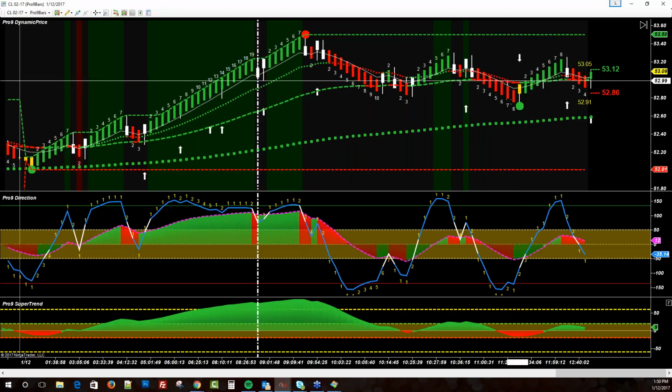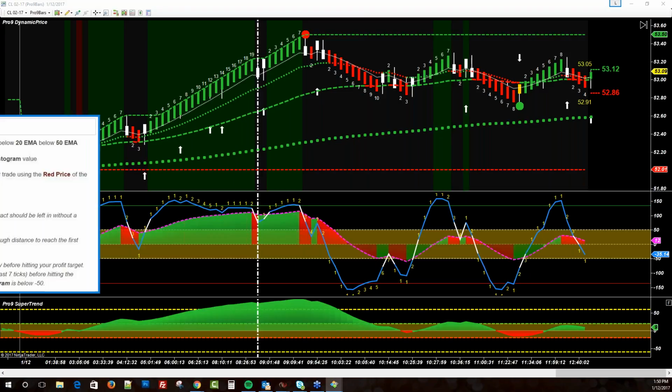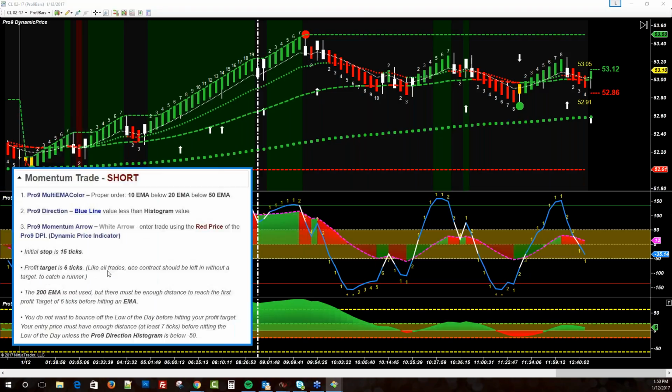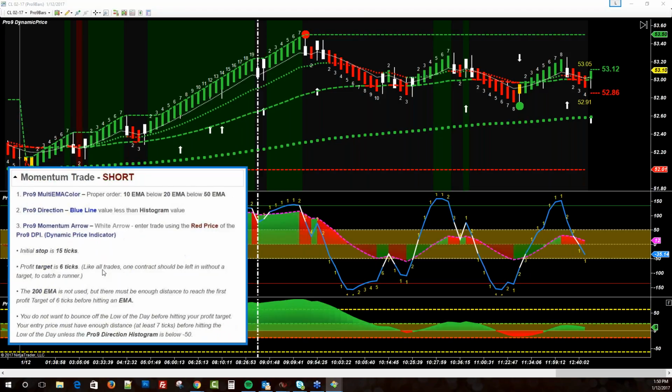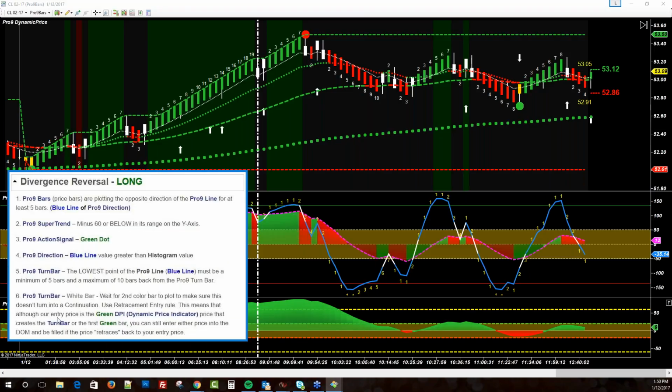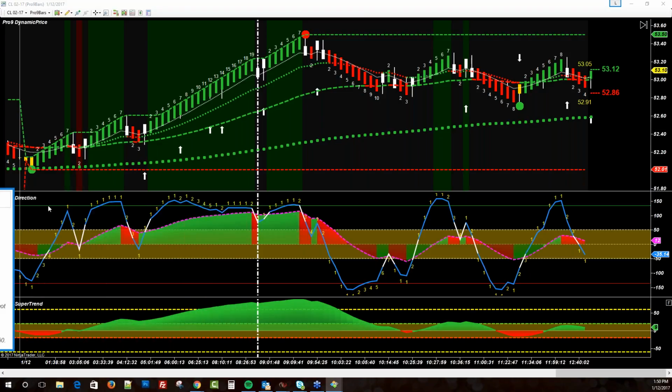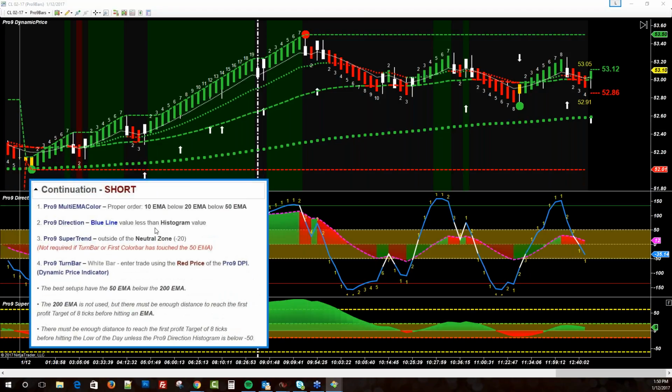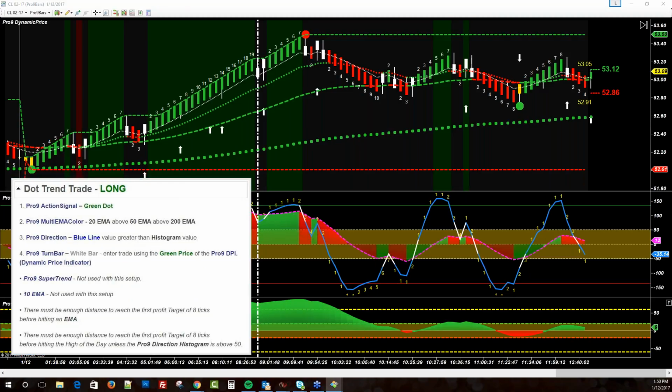For the dot trend, it is a bit of an oddball compared to our other trades. And it will often appear in this configuration.